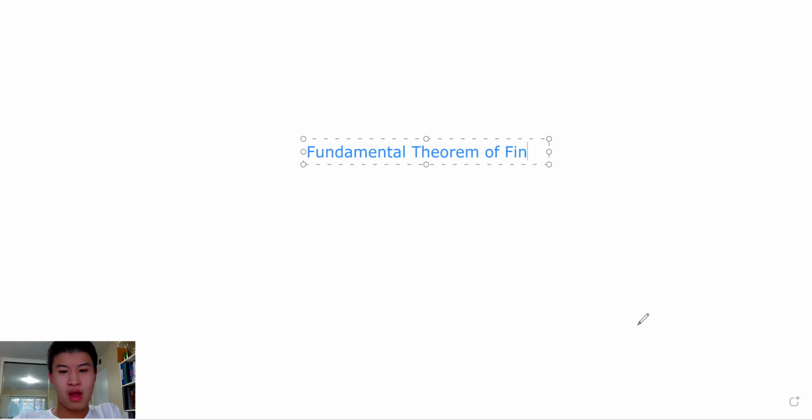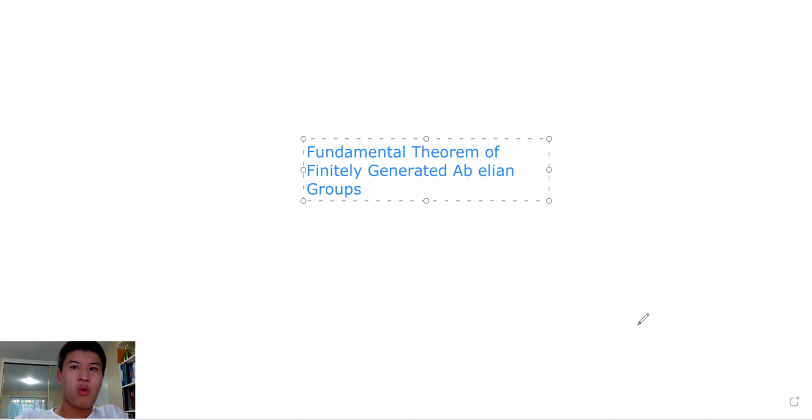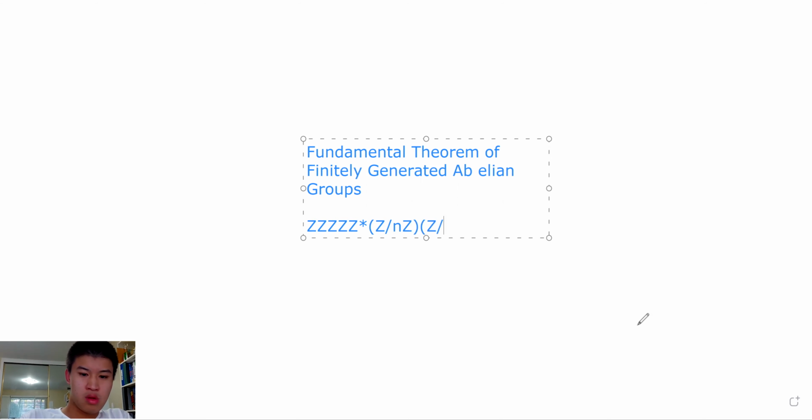And the direct product can also be used to prove the fundamental theorem of finitely generated abelian groups, which is that any abelian group that is finitely generated is the direct product of the integers, or the integers mod n for various n.